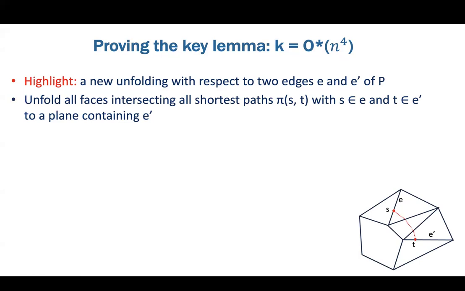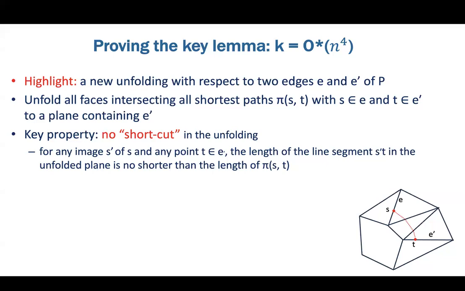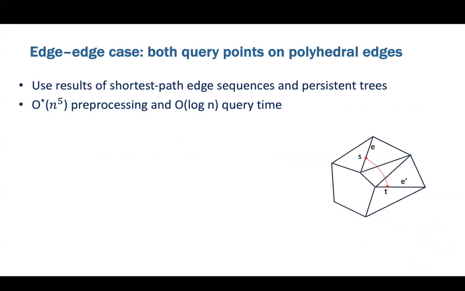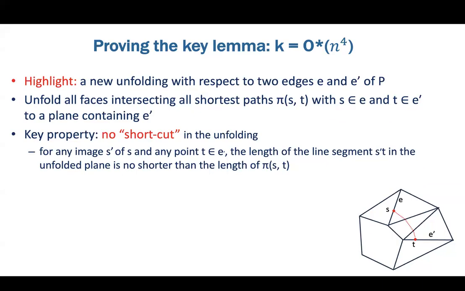If you unfold all faces intersecting all these shortest paths, we can get an unfolding into a plane containing E prime. The key property we can prove is there's no shortcut in the unfolding. Which means for any image S prime of S and any point T of E, the length of their line segment in the unfolded plane is no shorter than the length of their shortest path. So using this unfolding, we prove this key lemma.